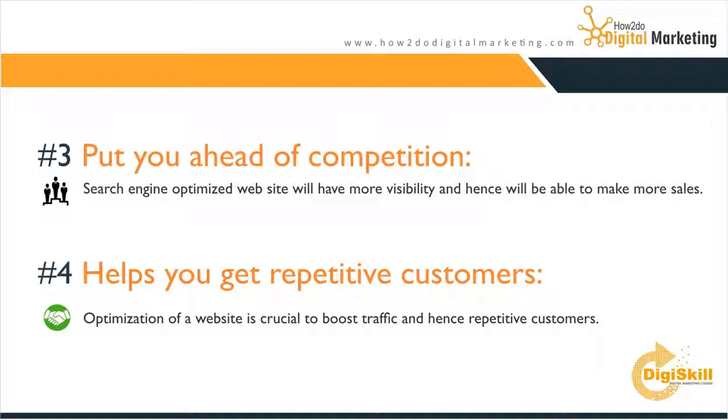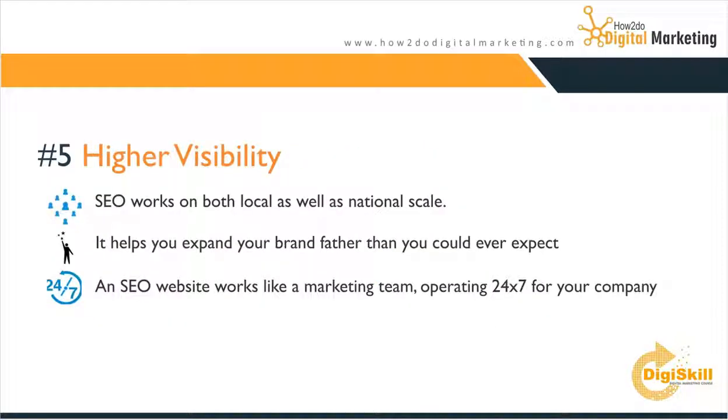The fourth aspect is that you also get repetitive customers. Optimizing your website helps you boost traffic, and therefore you start getting repetitive customers and higher visibility. It works on both local as well as national scale. So if you're running a restaurant, for instance, you're really not concerned about somebody who's, let's say, in Bombay or somebody in Allahabad.